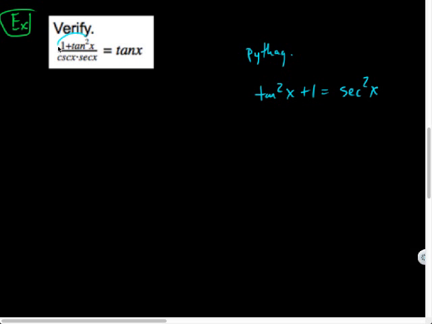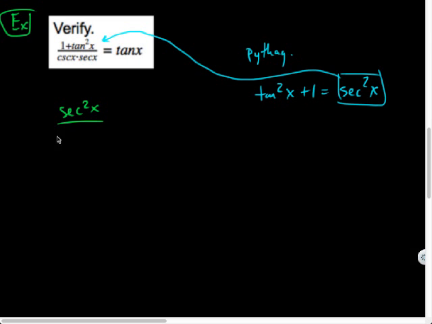So it looks like 1 plus tan squared is the same as tan squared plus 1, so I think that numerator I can just replace with secant squared x, if I'm not mistaken. So this is going to be the same as secant squared x over cosecant x equals tan x. All right, now what do you think I can do?